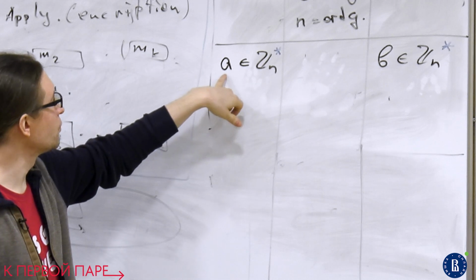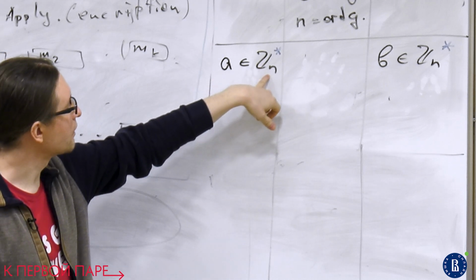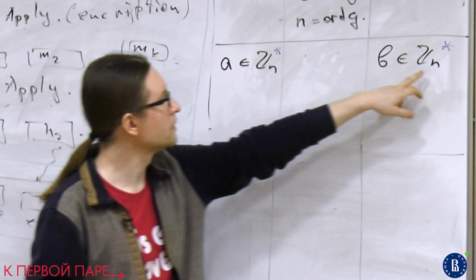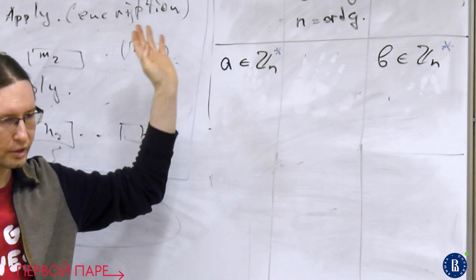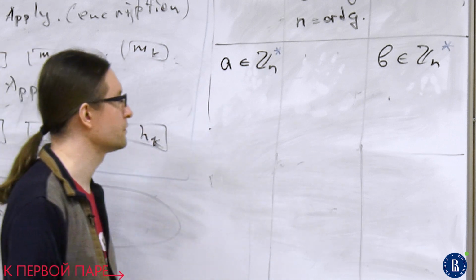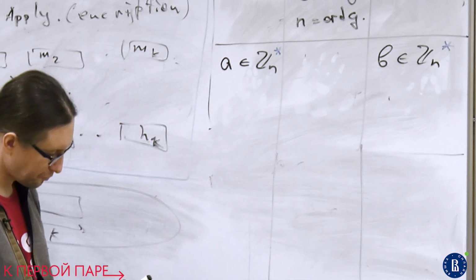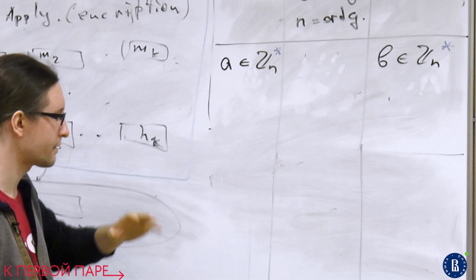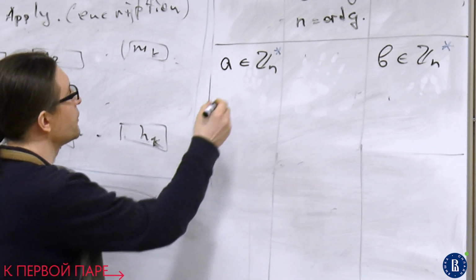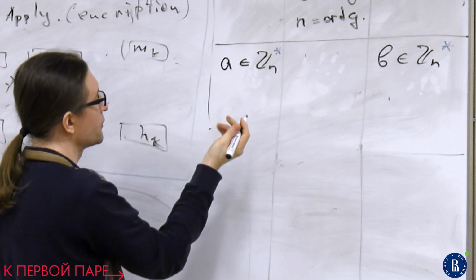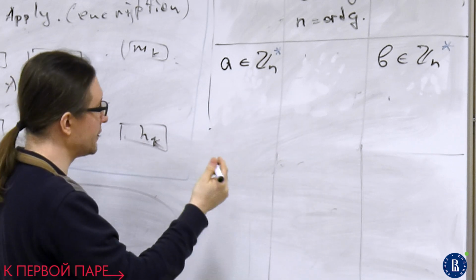So basically you want A to be an element here coprime with n, and B a random element here coprime with n. And you want n to be huge, like thousands of digits. Okay, now, then you produce what's called a public key.